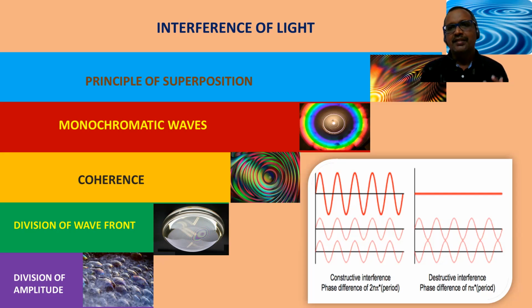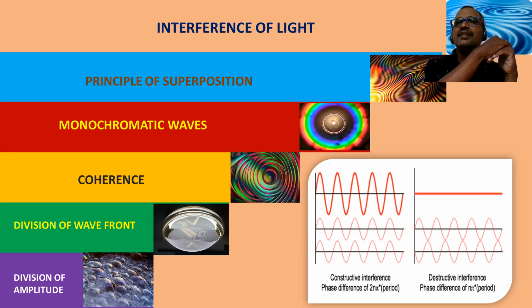Hence, when waves having same frequency traveling in same direction superimpose each other, in the region of superposition there are some places where the intensity is maximum, that is, the crest of one wave falls on the crest of another wave.